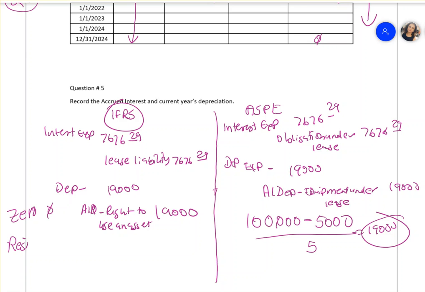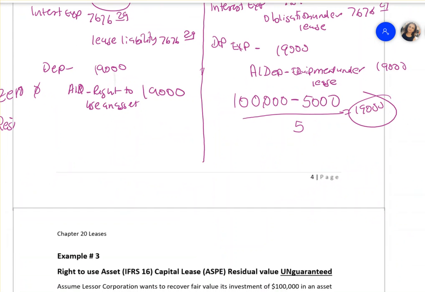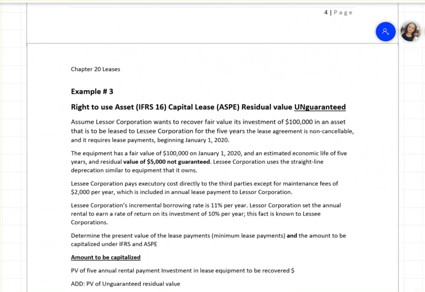Now in this question, the residual value is unguaranteed. The first example we did, the residual value was 0. Now we're going to show you what if the residual value is unguaranteed. In this case they told us the residual value, but it was unguaranteed. So we wanted to show you how to calculate the payment.